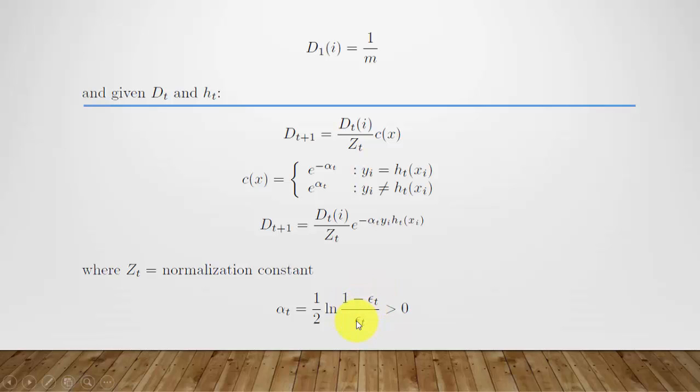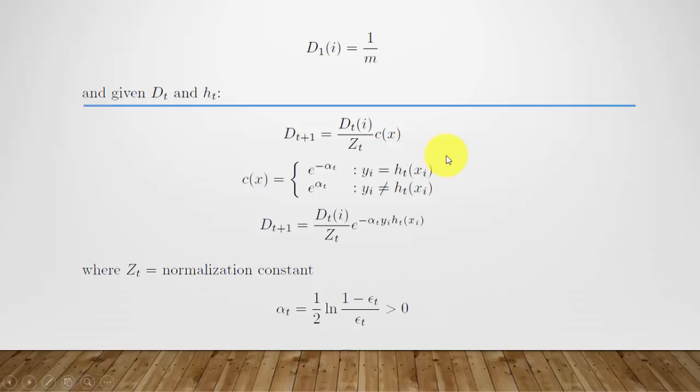And finally, the logarithm of 1 is 0, and it's a condition that alpha must be greater than 0. That's why the error has to be less than 0.5.